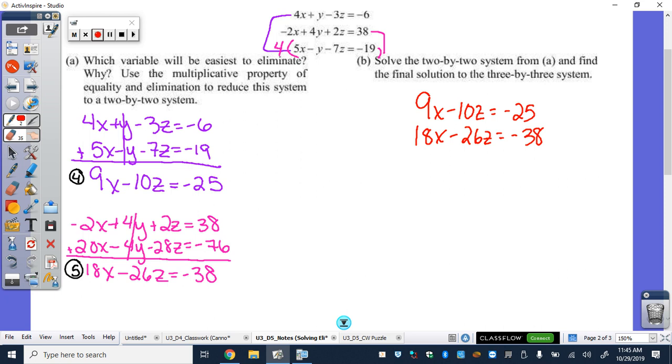So what letter do you think we should eliminate next? Yeah, I think x is probably going to be the easier one. What should we multiply that first equation by? Negative 2. So negative 18x plus 20z equals 50.